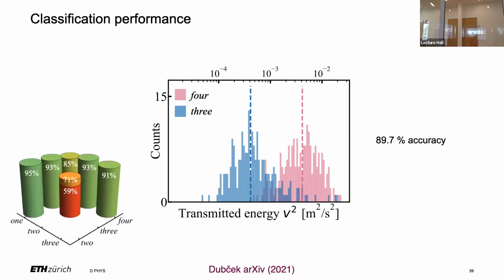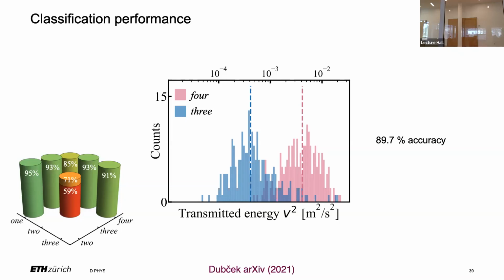We also checked, and this is now only numerical simulations on the simple model, not the experiment. You can ask yourself, how well can I distinguish between 1 and 2, and 1 and 3, and maybe between 3 of them, and then your performance goes down if you look at it only with linear.